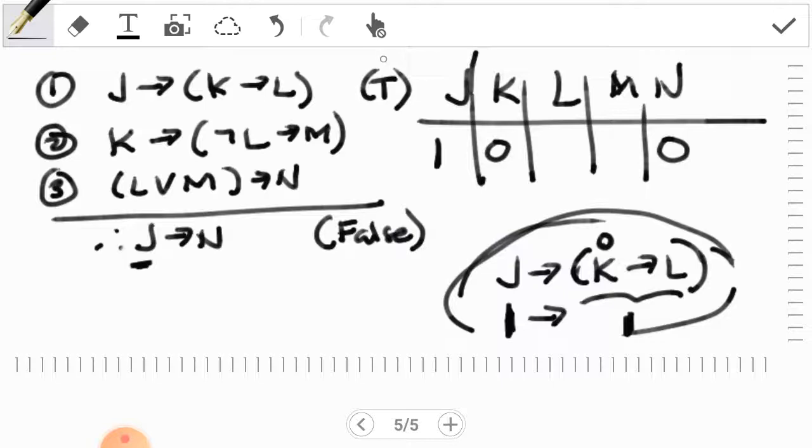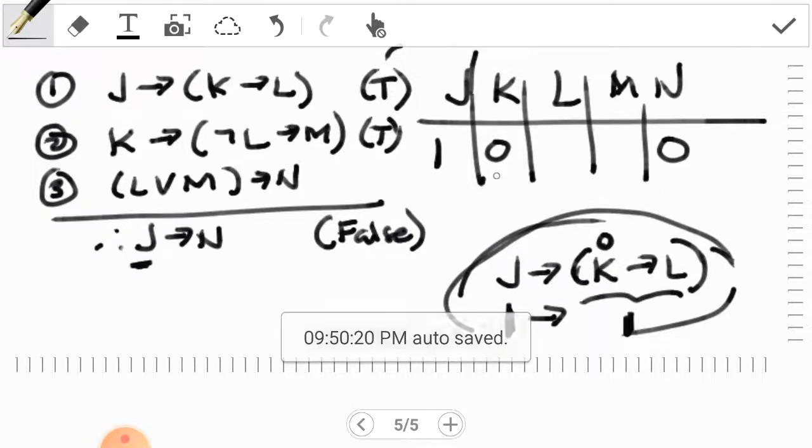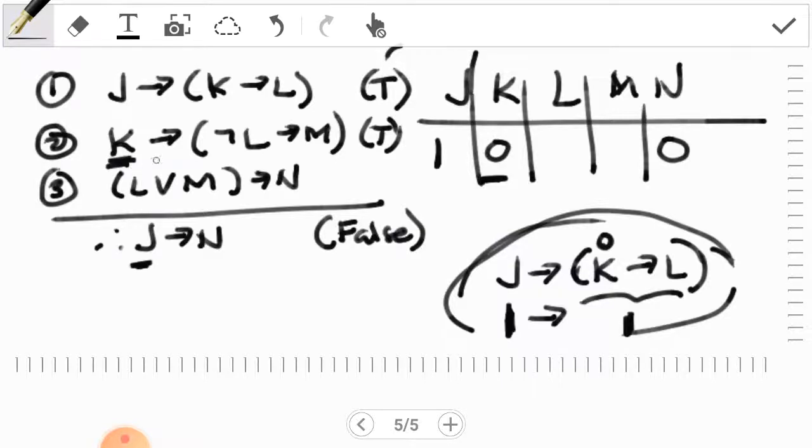So we're done with this. We're good with that. Let's go to the second premise. We want the second premise to be true also. To make the second premise true, we have already set K to false. If K is false, look at this, K is false, this is an implication.